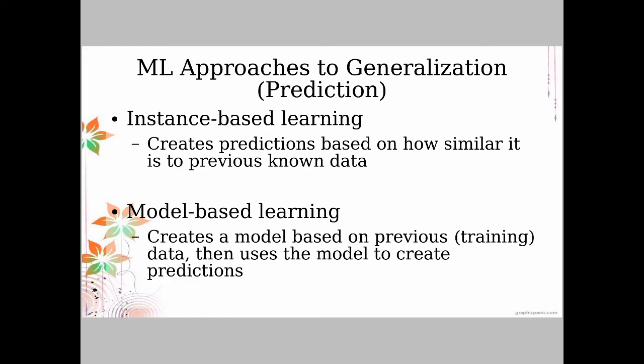Now, model-based learning is a bit different. In model-based learning, it first creates a model. It's more holistic in approach. It first creates a model based on all of the past data. It can be, say, a linear regression or even a regression curve, and it can create predictions.